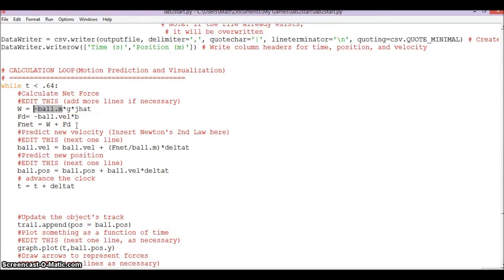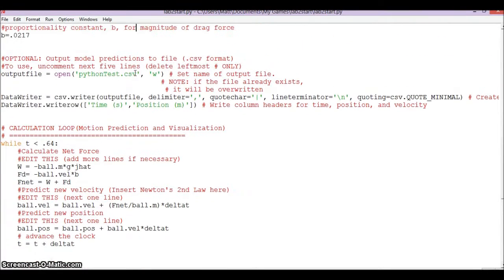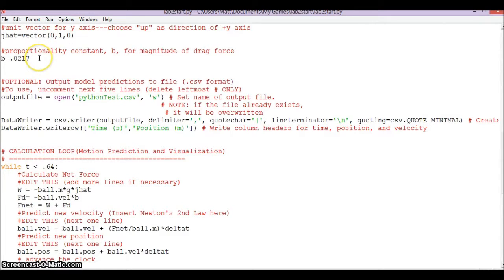Looking at the Python code, we see that the weight force is defined as the mass of the ball times the acceleration due to gravity times a vector to make it a vector force. Then we see that the drag force is defined as the velocity of the ball, which is a vector, multiplied by b, which is defined here as 0.0217 to make it actually fit the experiment.